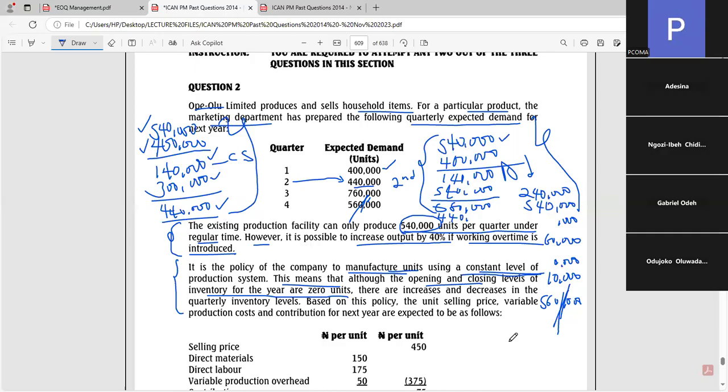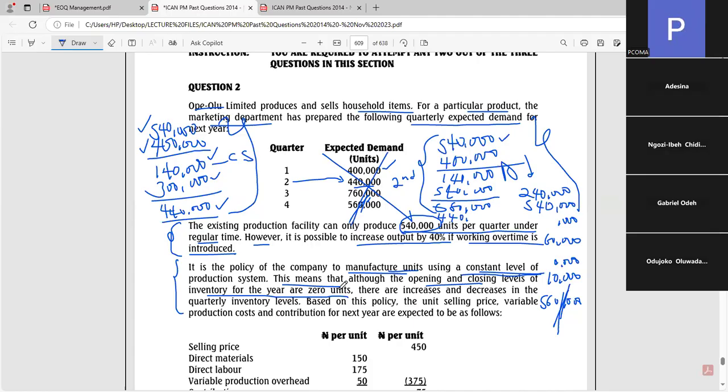You see, that means that if you produce that 540 every quarter, there's not going to be closing inventory. Am I making sense now? If you produce 540 every quarter, all the 540 you're going to produce every quarter plus the opening and closing inventory adjustment, we cover up for everything that we have in demand here.